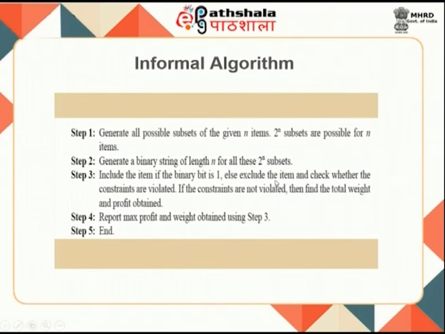In other words, I will just explore whether the item can be loaded onto the knapsack. If the item can be loaded, then I will get the profit associated with that particular item. Finally, I will check the profit, and I will repeat this for all 2 power n subsets and find out which combination gives me the maximum profit. The combination that gives the maximum profit is what we call the optimal solution.